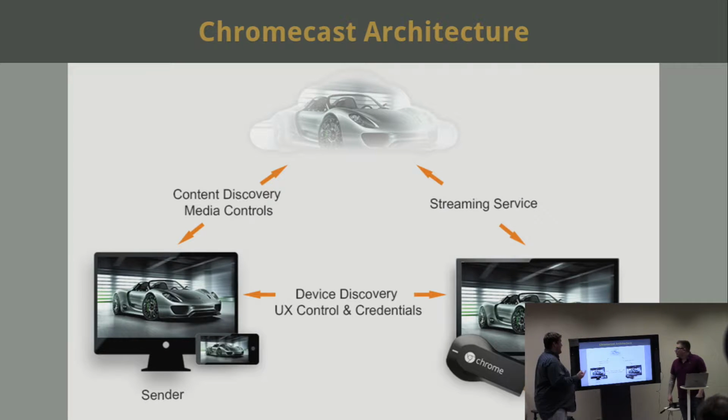Any communication is again transferred through the cloud. So there's very rarely any direct communication between the device and your sender app, even during development. We'll get into some pros and cons about how that works.